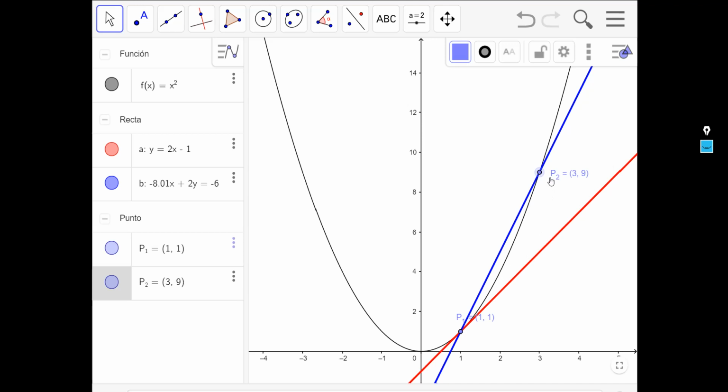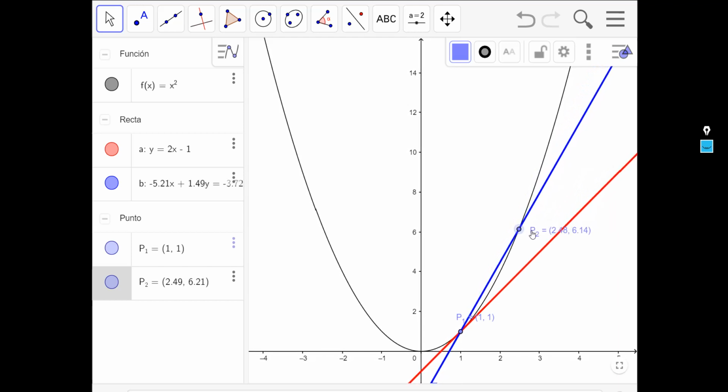Pay a lot of attention, guys. What I'm gonna do is a process of a limit. And if you remember, a limit basically means making something approach something else. In this case, what we're trying to do is making the secant line, this blue line, approach the tangent line.